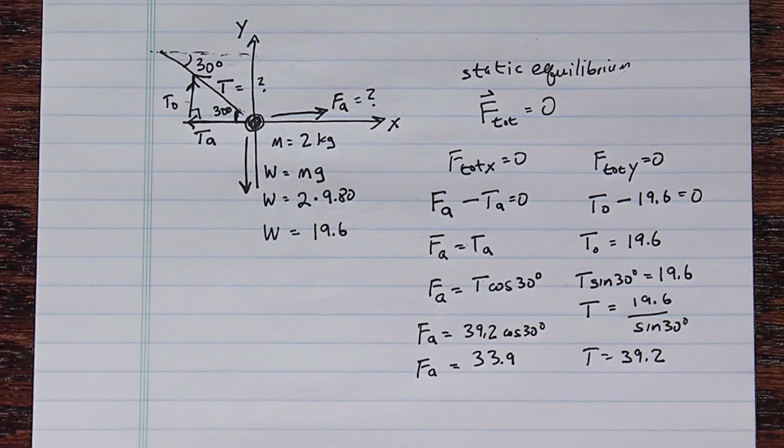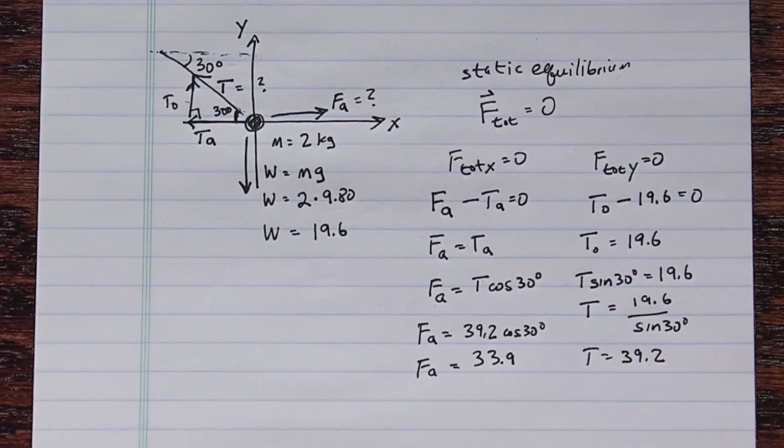What is the tension in the rope in this situation? 39.2 newtons. What is the applied force? 33.9 newtons. And how did we do that? We did that by drawing a diagram, drawing in the forces, identifying the situation as an equilibrium, a static equilibrium situation, and writing down our starting equation.